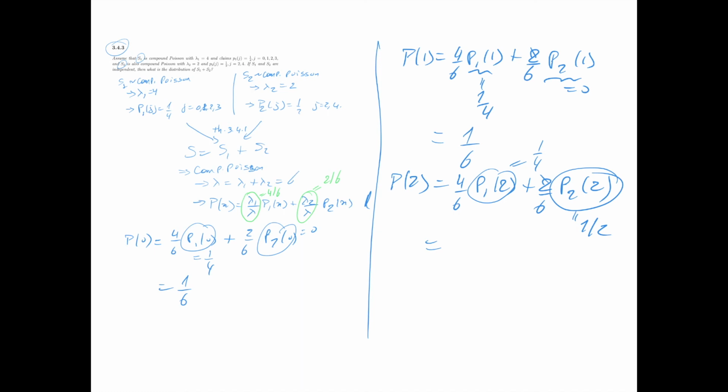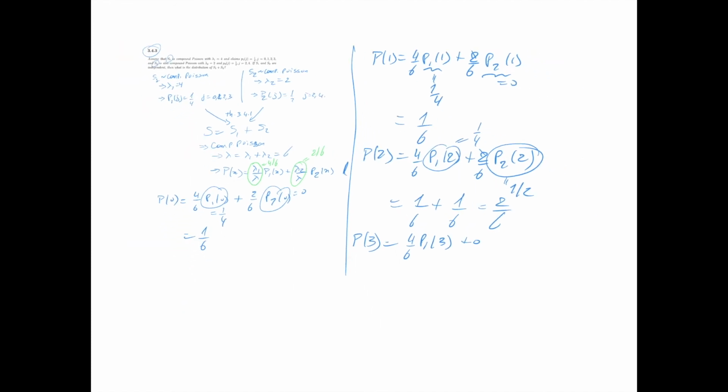So here you find 1 over 6 plus again 1 over 6, which is 2 over 6. Finally, P3 is equal to again 4 over 6 P1 in 3. Again, P2 in 3 is equal to 0, so here you automatically find 0, and you find that this is equal to 1 over 6.